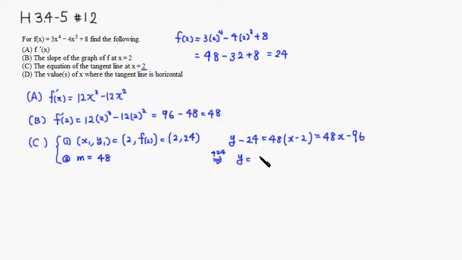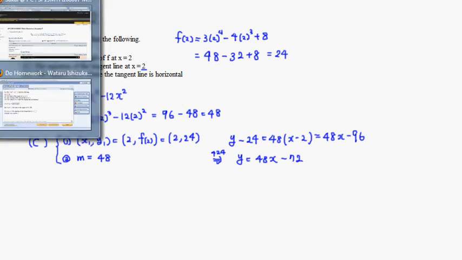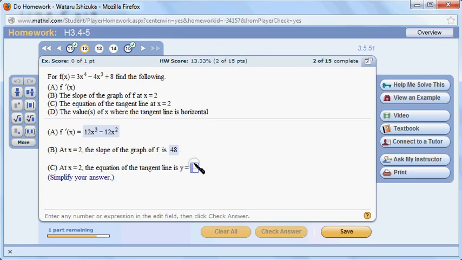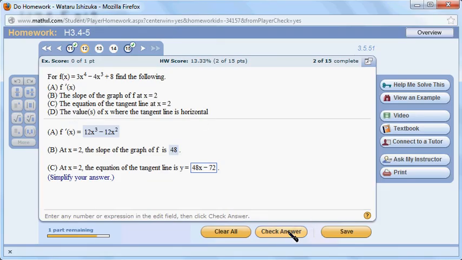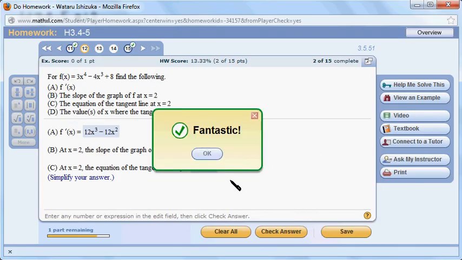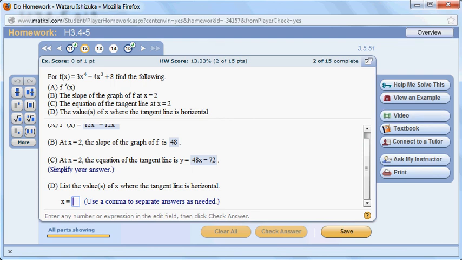So we have 48x minus, we add 24, so it's going to be 72. So it's 48x minus 72. Let's type it in. 48x minus 72. Let's check the answer. All right, got that.